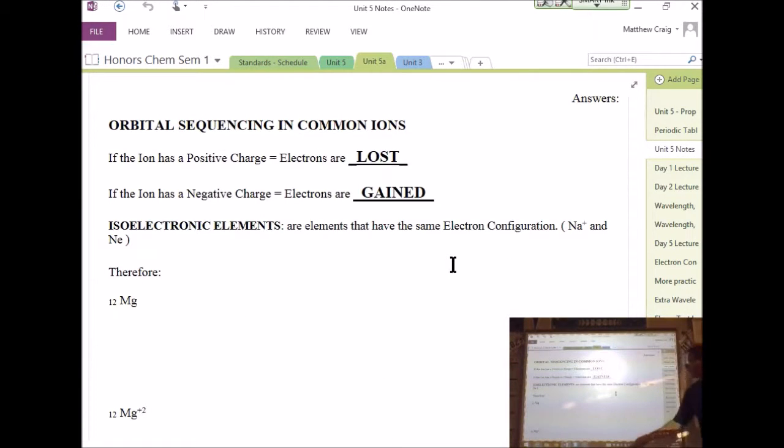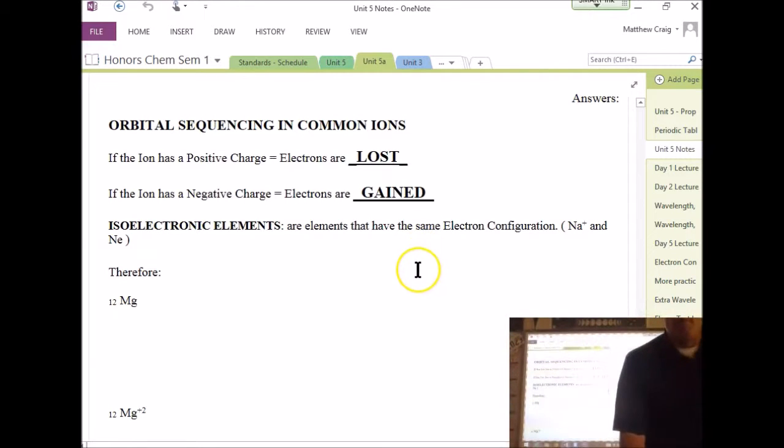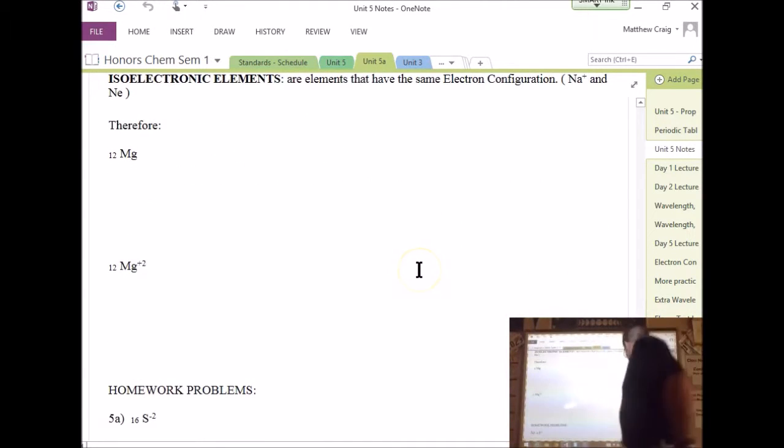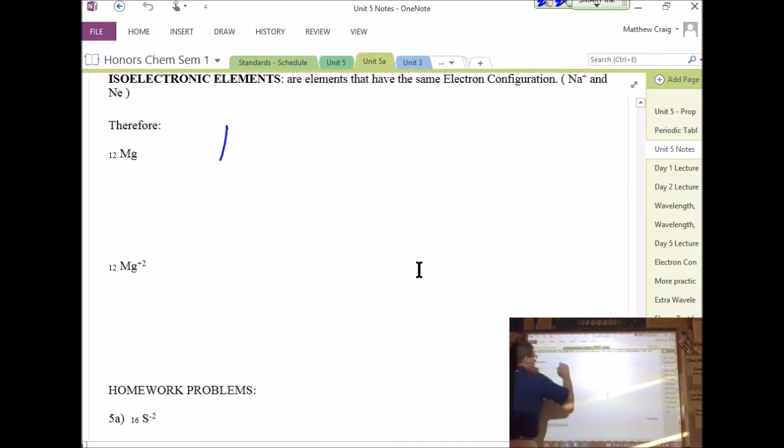All right. So here we're going to talk about ions, and we've talked about ions already. If you gain electrons, you become more negative. If you lose electrons, you become more positive. So if I'm looking at, say, good old magnesium, I will write the configuration here quickly.